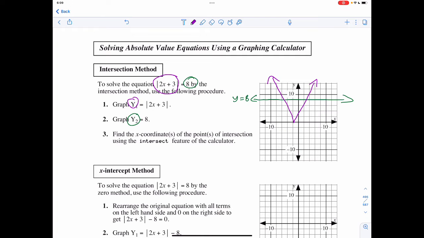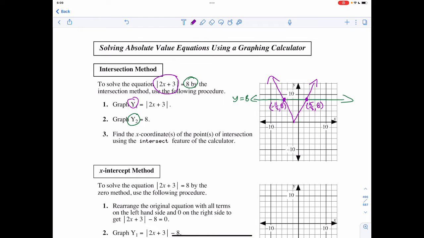And then I can see that there are 2 points where they intersect each other. Now, I have the 1 point that's on the left, which occurs at negative 11 over 2 and 8. And I'm going to have the point that occurs on the right, at 5 over 2 and 8.